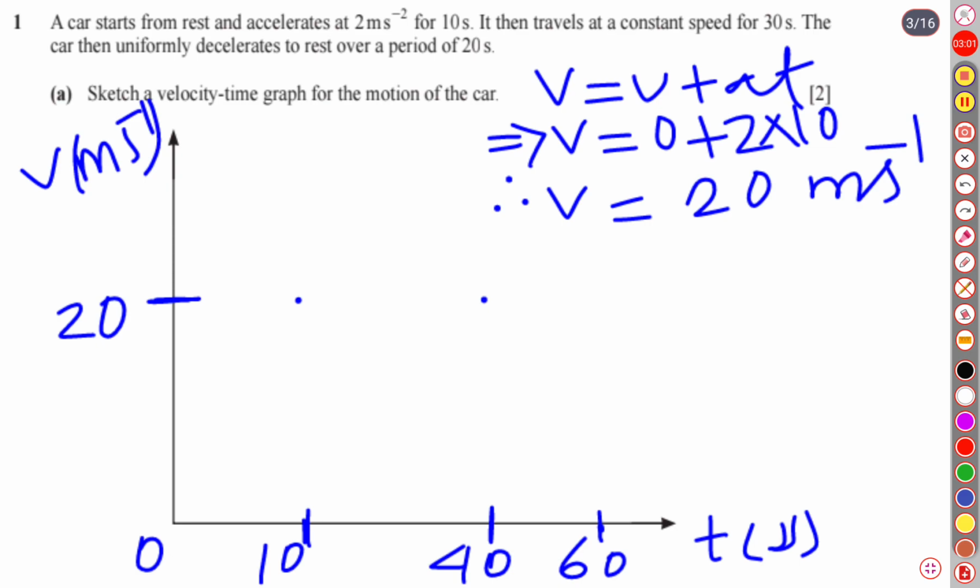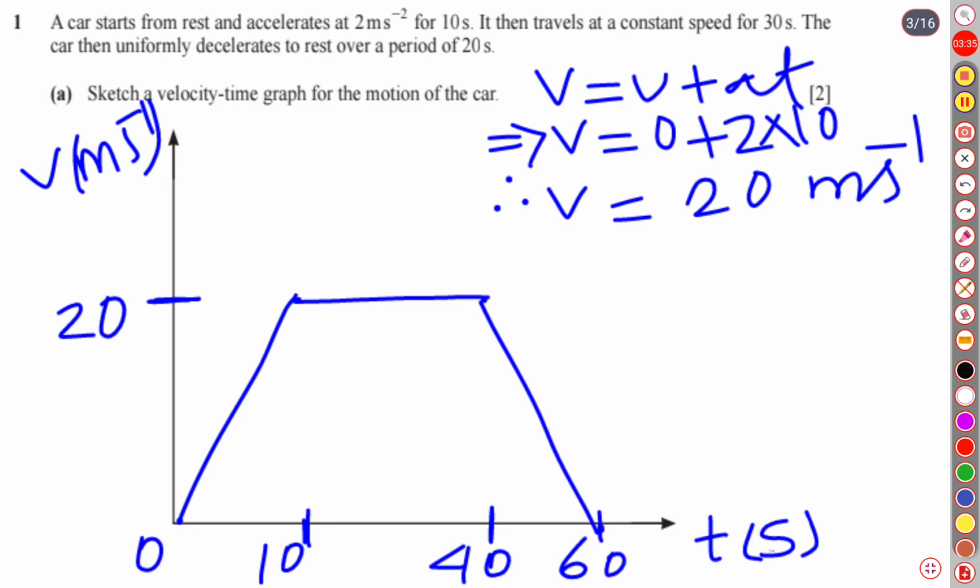Let me show this. We will just join these 2 points. Then for constant speed, the line will be parallel to the horizontal axis, and from that point it is coming back to rest at 60th second. So this is what the sketch of the scenario is. Let's move on to the immediate next question.